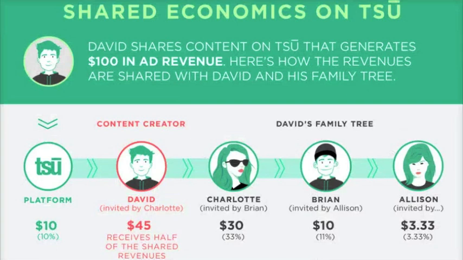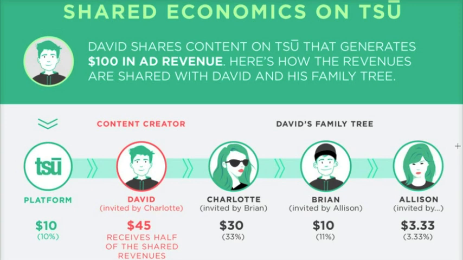Alright, so here's the shared economics on Tsu that we talked about last time, and it had to do with David sharing content and how that ad revenue was shared along his family tree. So we'll talk once more on this to try to give you a sense of what's going on here. In this example, they had David down here very far down the line. David came into Tsu because of all these people above him. Allison was the original person on Tsu here that invited Brian, who invited Charlotte, and then invited David.